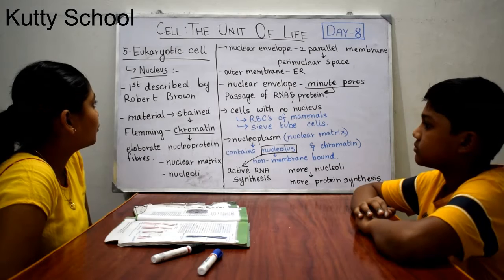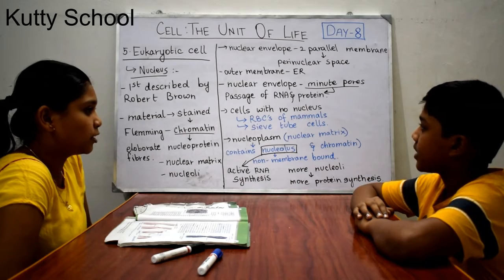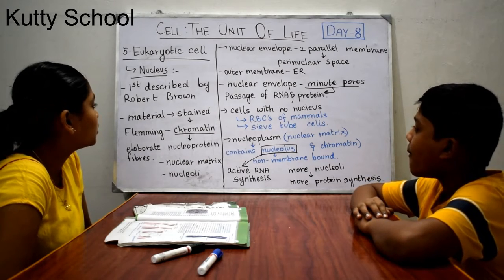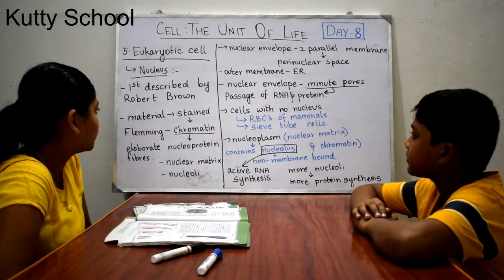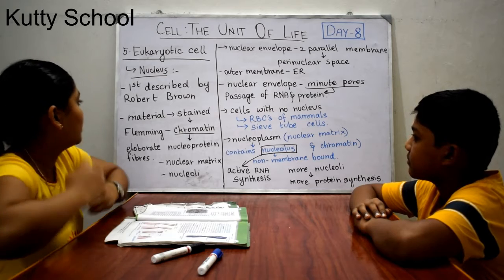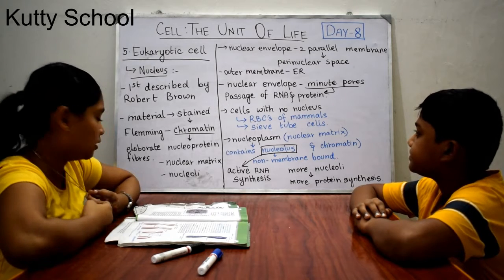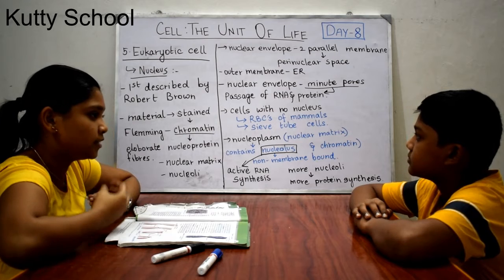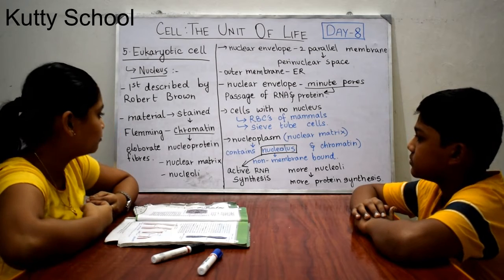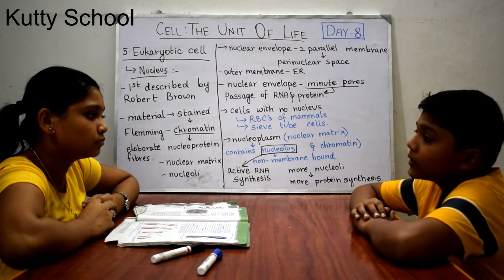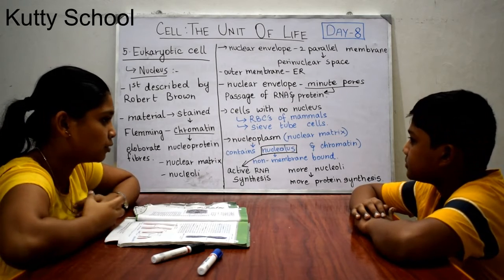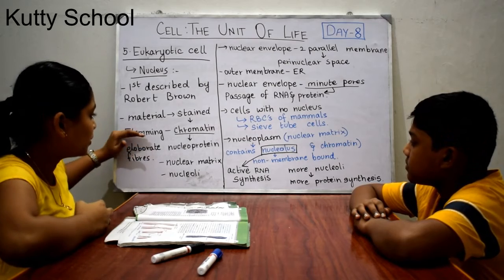Now we are going to discuss the nucleus present in eukaryotic cells. It was first discovered by Robert Brown. After staining, chromatin was found inside the nucleus, discovered by Fleming.